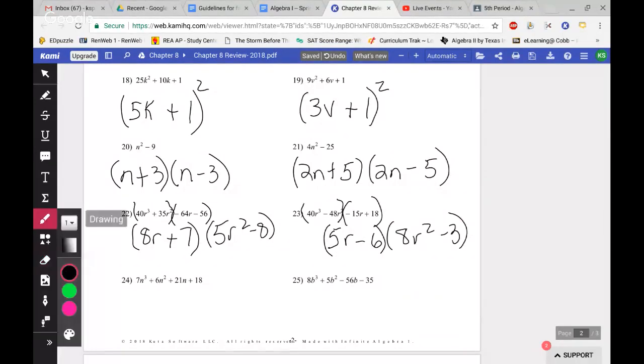If this were me, I would probably rewrite this problem. You wouldn't have to, but I would rewrite it with the 21n closer to the 7n cubed and the 6n squared closer to the 18. Do you all understand why I might do that? Because they have more things you can take out of them. Yes. But you would not have to.